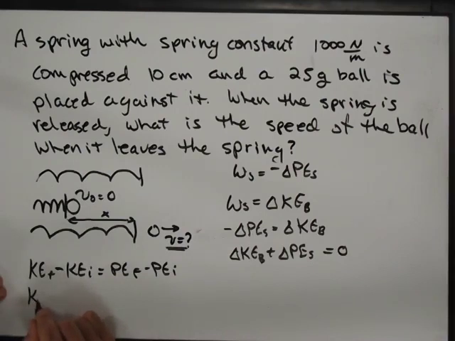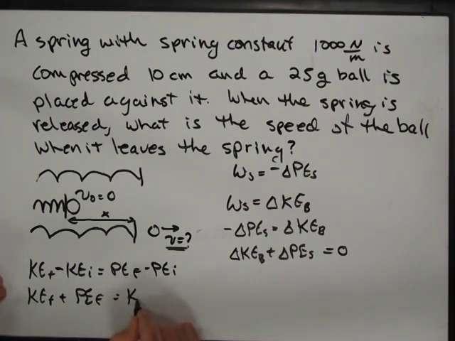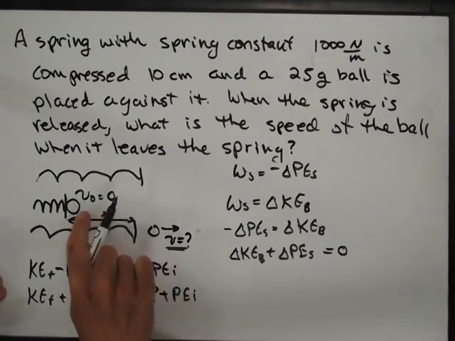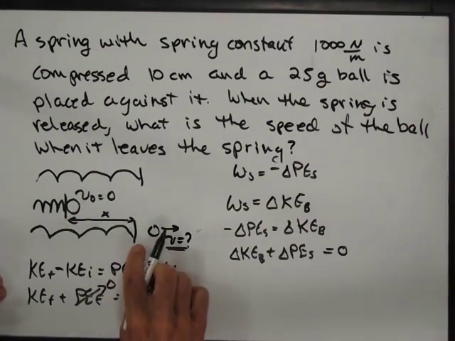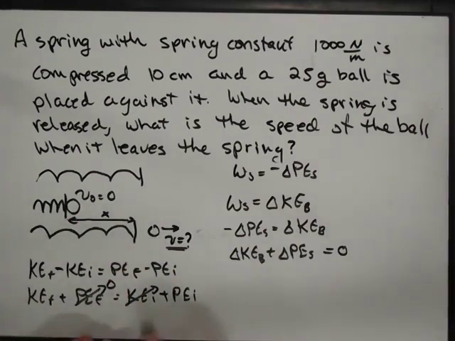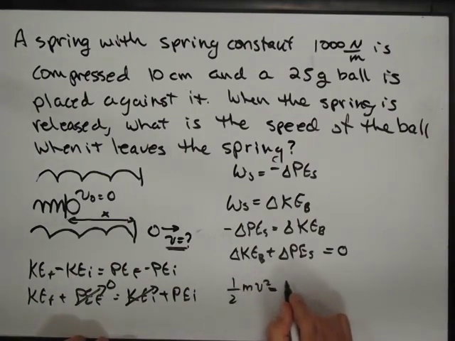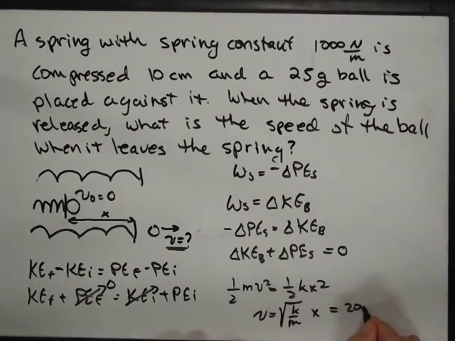And so KE final plus PE final equals KE initial plus PE initial, right? And so the initial kinetic energy is 0, because my ball's at rest. The final potential energy is 0 because my spring is not moving anymore and it's not stretched. And so this gives me the exact same equation. 1/2 mv squared is equal to 1/2 kx squared, or v is equal to the square root of k over m times x, which is what we just got a minute ago, 20 meters per second.